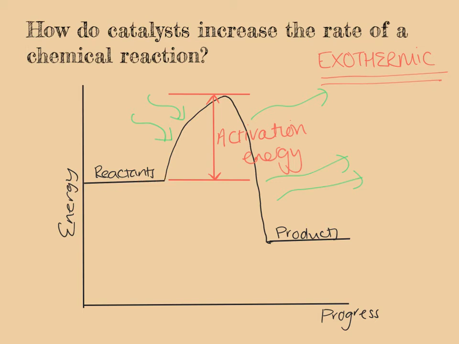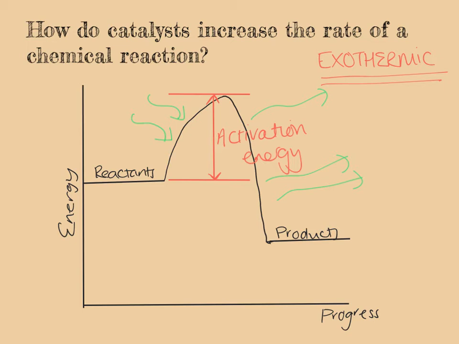To get the reaction to go, these particles must have the activation energy, so we put some energy in. We probably heat it up. When we heat it up, eventually we get to a point where there's enough energy to start breaking down the bonds in the reactants, get them all separated, and then they can rearrange themselves into products so the reaction starts. So from here to here, energy is released.